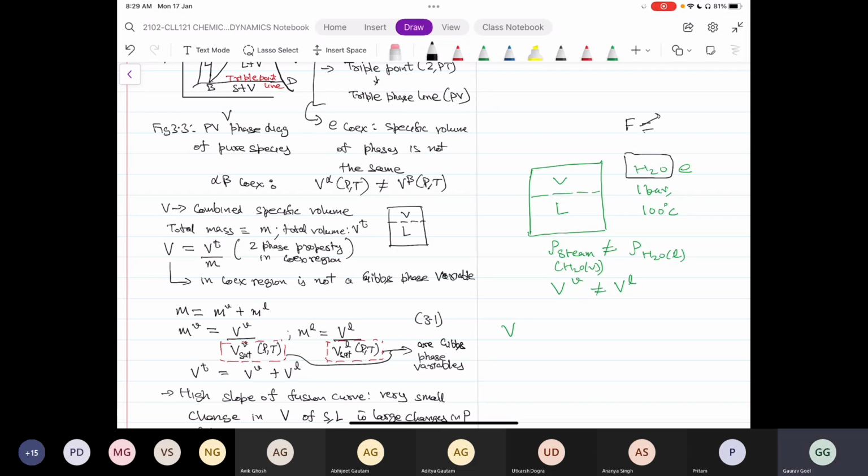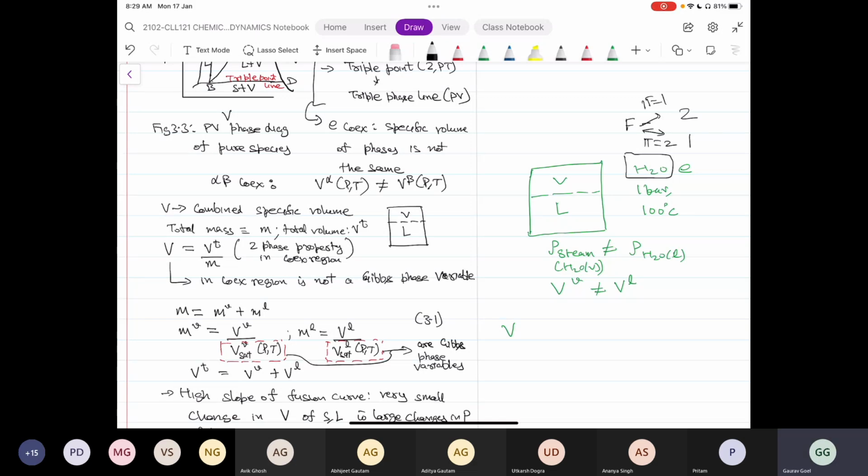Let's say two options: if you had a pure liquid or pure vapor versus your coexistence, what will be the value of F in the two cases? Pi equal to 1, what is the value of F? Degrees of freedom? 2. And when pi is equal to 2, it will become 1.